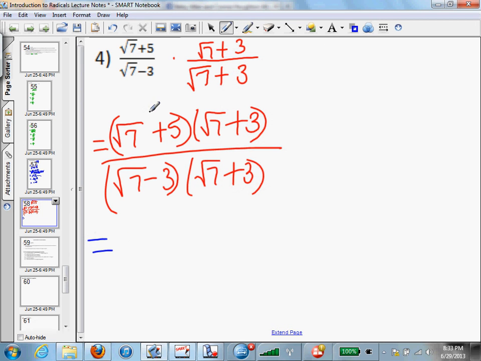Now if we go through and simplify using the FOIL method, we'll take this first term, multiply it by everything in the second set of parentheses. This will work with the 5 distributed across.